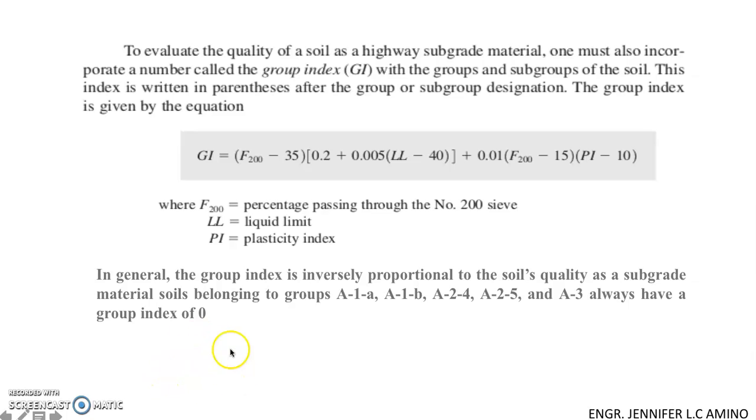For example, in the DPWH, they have the blue book, and they have modified it.